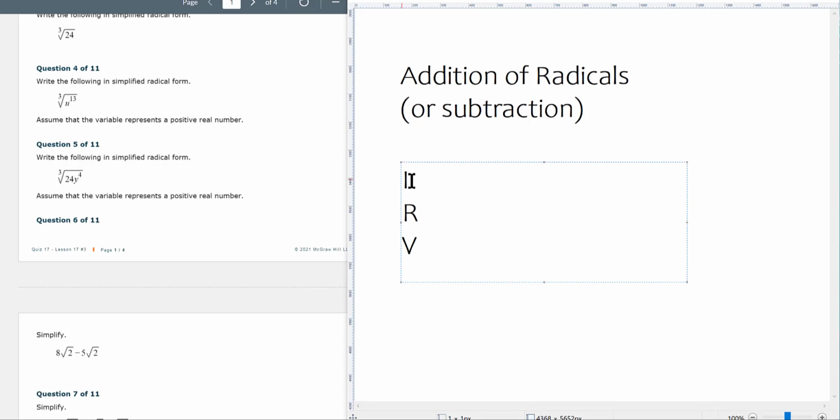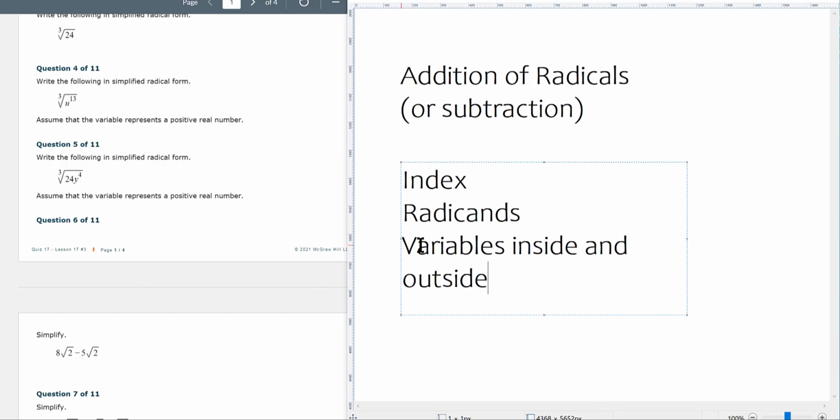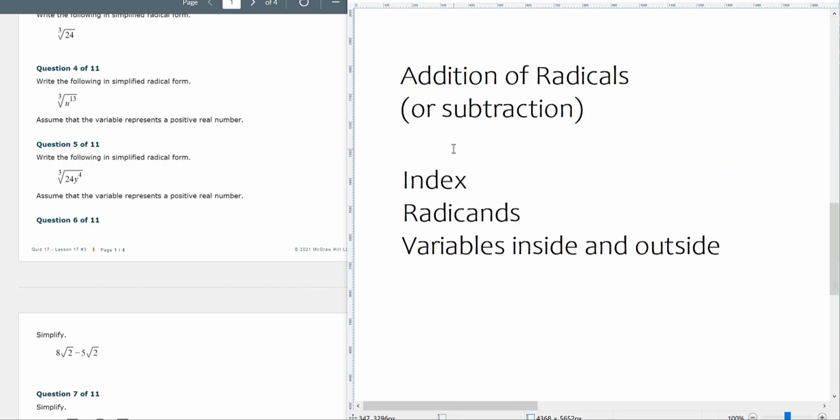In order to add or subtract, radicals have to have the same index. They must have the same radicands. And they must have the same variables inside and outside. So ask yourself, do you have IRV?